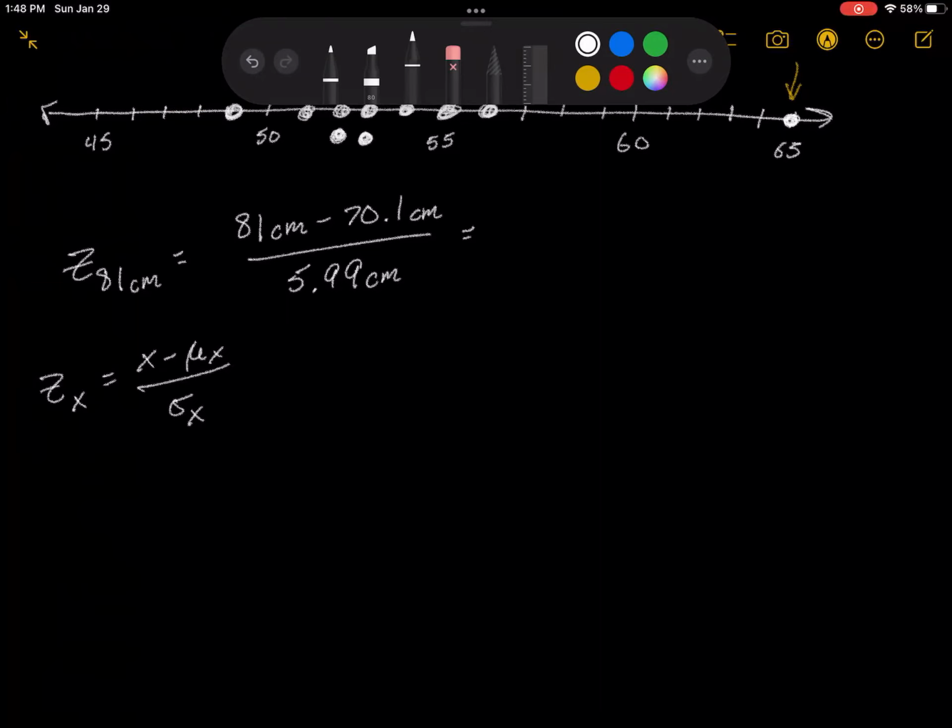This is going to give me a z-score approximately equal to 81 minus 70.1, divided by the standard deviation. How many standard deviations fit inside that gap? I get a z-score of about 1.82. Now, notice that this is a unitless quantity. It's no longer measured in centimeters because I'm taking centimeters and dividing by centimeters. So it's a ratio.